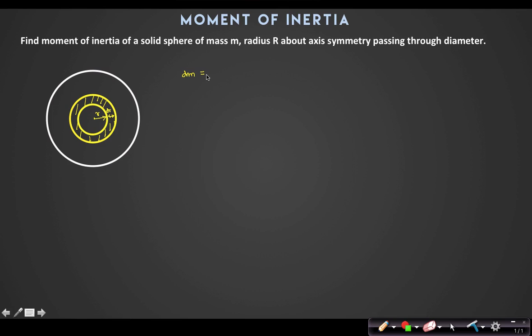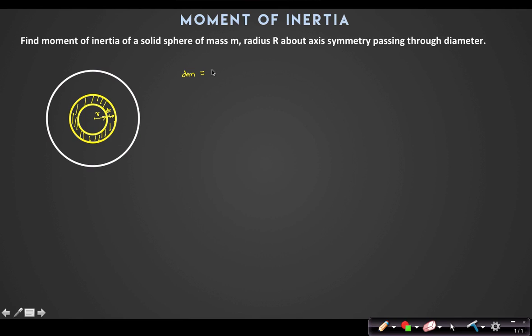What is the mass of the shell? 3m r square dr by r cube. Okay, how can I do that? What is the volume of the shell? First tell me what is the volume of the shell.